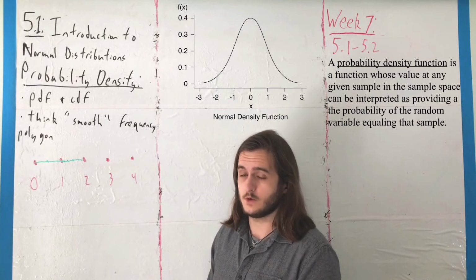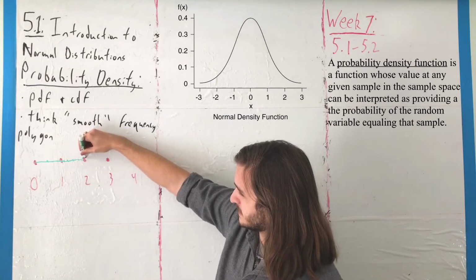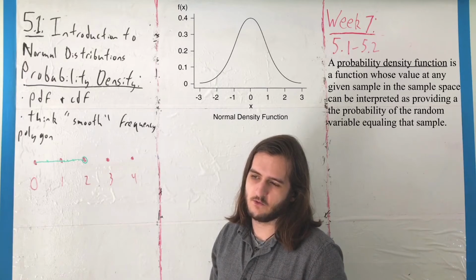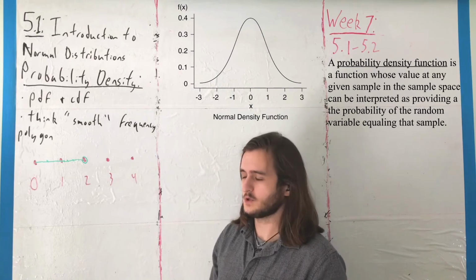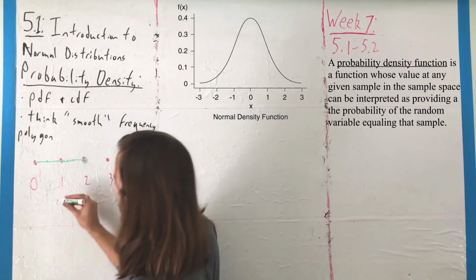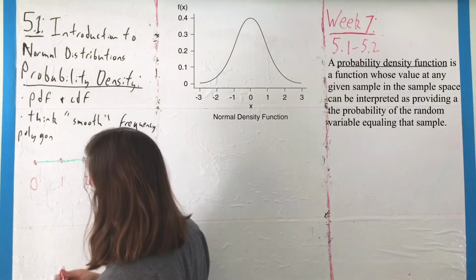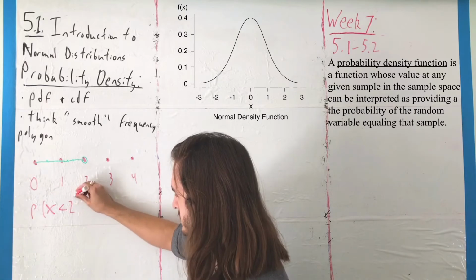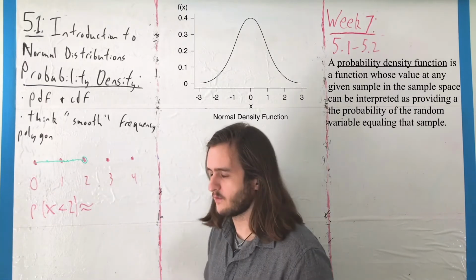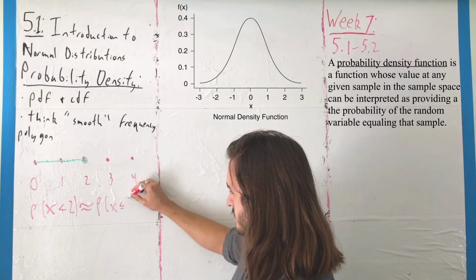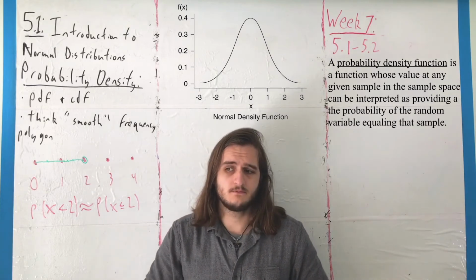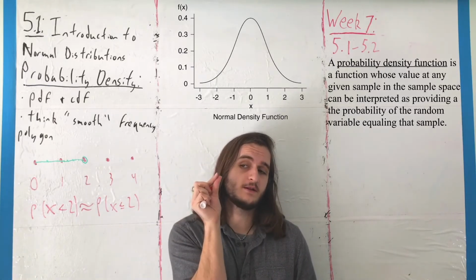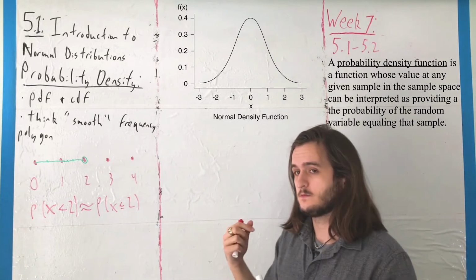So one thing that's important to note here is if you want less than 2, we're technically not including 2, but really, we're getting so very close to 2 that the difference between less than 2, so if we say x is less than 2, and we want to talk about that in terms of a probability of some kind, it's not really all that different from saying x is at most 2, at least in this context, because the 2 itself doesn't mean a whole lot compared to the infinitely many things that get very close to it, and the infinitely small gap from whatever gets as close as we want to 2 itself.